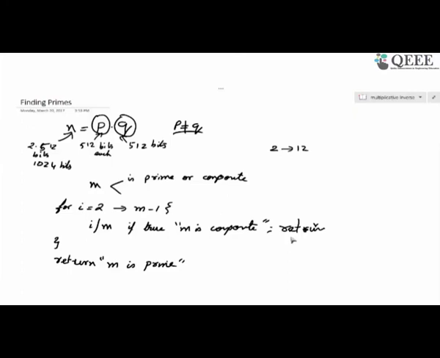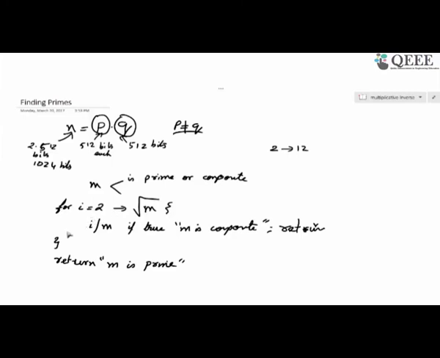Then much later we also tried a few tricks. Instead of going till m minus 1, we said let's go till square root of m, and this would be sufficient to find out if a number is prime or not. And then a better algorithm: instead of checking everything, we will only check the numbers which are prime.